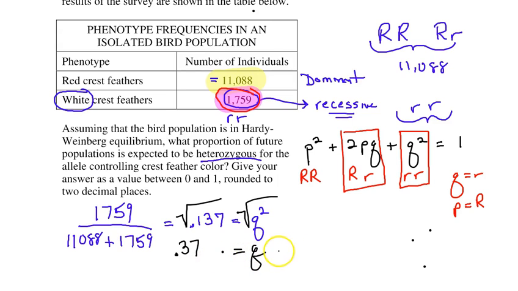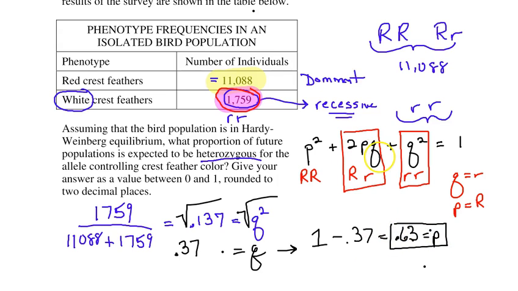Okay, great. How do I get P? Well, if all the alleles in the universe are either little r or big R, if I have 0.37, I just do 1 minus 0.37. All right, and I get what? I get 0.63. And that equals my P.